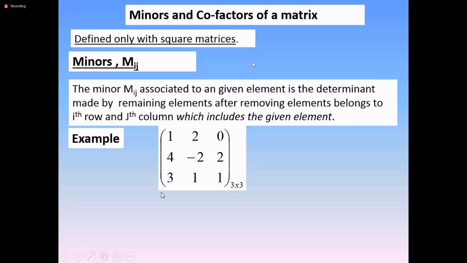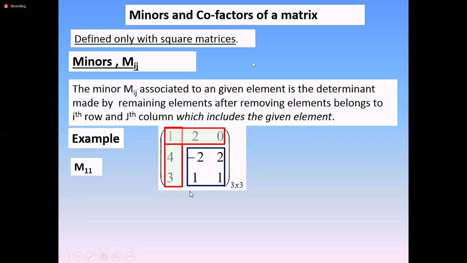M11 is the minor value of this 1. 1 is common to the first row and first column. If you cross that out or delete it, what are the remaining figures? That is the determinant which can be calculated for M11.